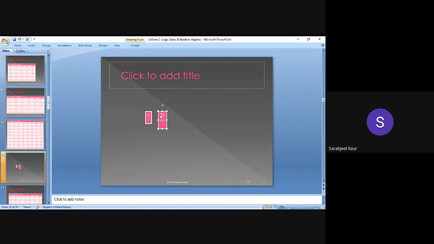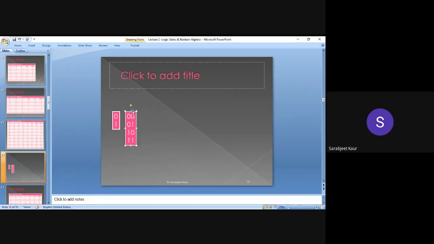Then I'm going to take these 0 and 1 again, and now I'm going to append them with a 1. Aren't these the input combinations that you are used to seeing so far?